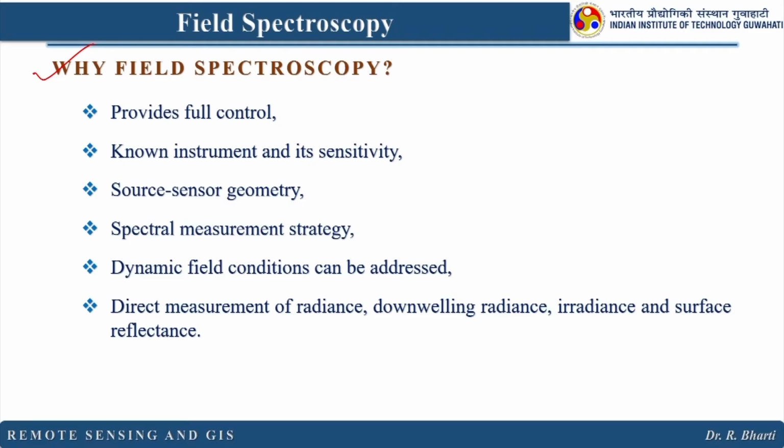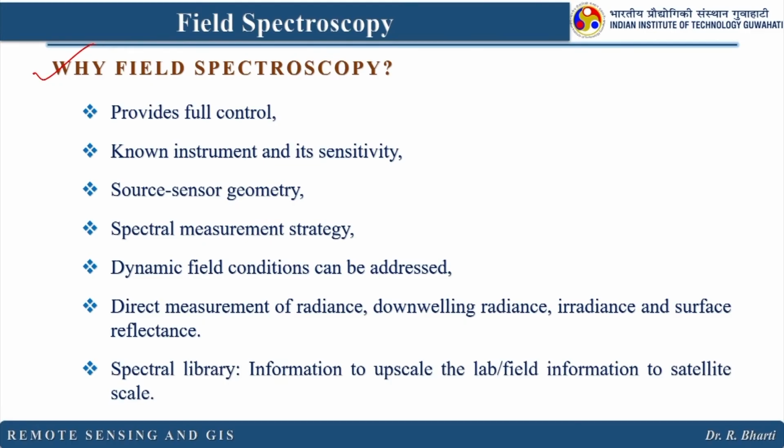It also depends on the weather condition and the instrument which is used. So all these parameters play a very critical role, and that is the advantage we have in field spectroscopy.